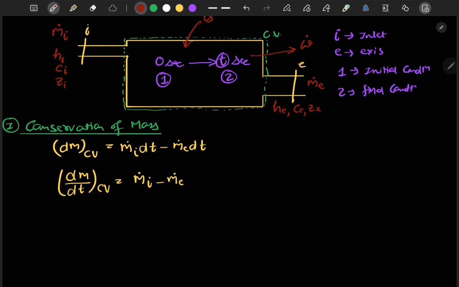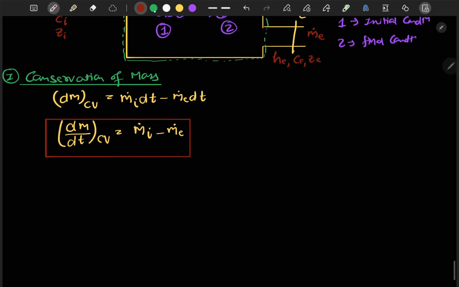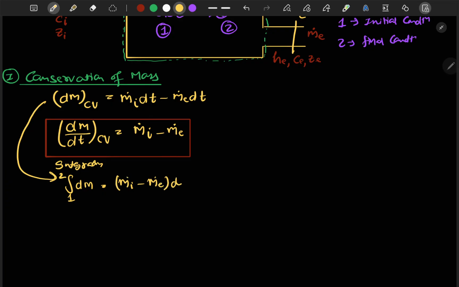So this is equation number 1, which is important. You should remember this. The next equation, we can directly integrate this equation. On integrating from position 1 to position 2, integrating dm from 1 to 2 is equal to the integral of mi dot minus me dot dt from 1 to 2.